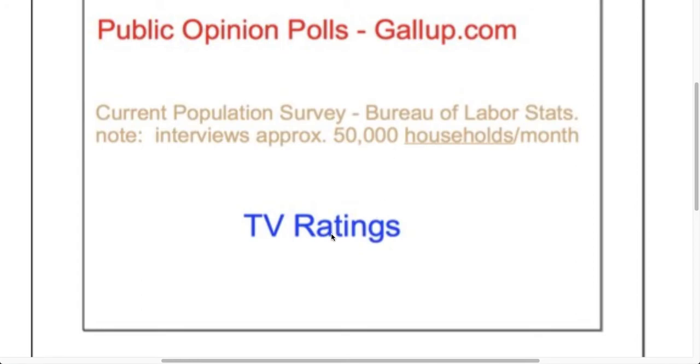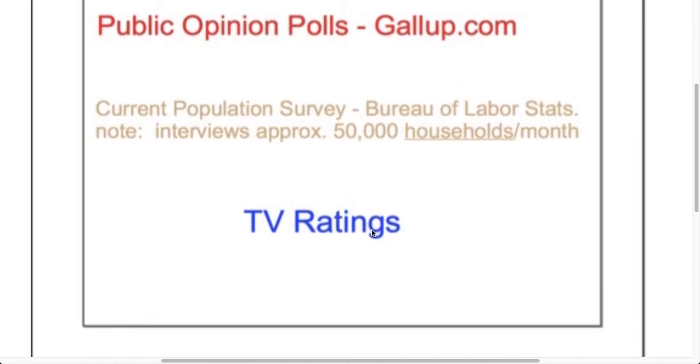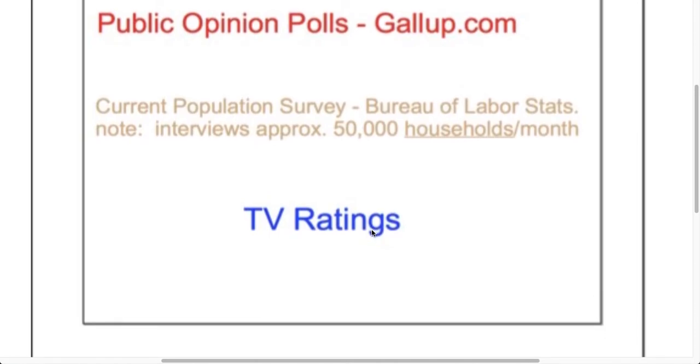And then the Nielsen TV ratings. You can choose to participate in this, where you allow the Nielsen Company to track what you watch. That's how, when you hear that so many people watched the Super Bowl, that's what they do. They take a sample of the people that they are tracking and then make a general statement about the whole population.